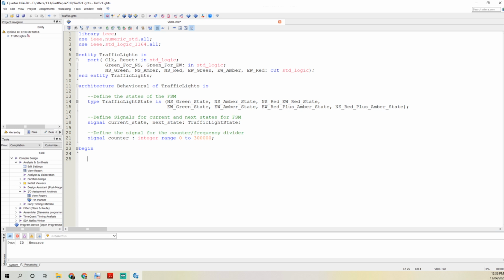Okay? So we will need a process to take care of the state transitions. We will need a process to take care of actually storing the state and taking care of the transition. And we will need a process for the counter because our counting is going to take place in another process.